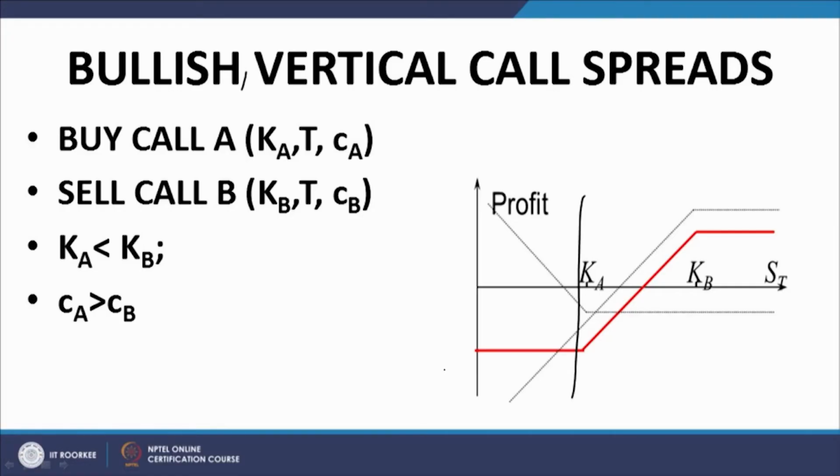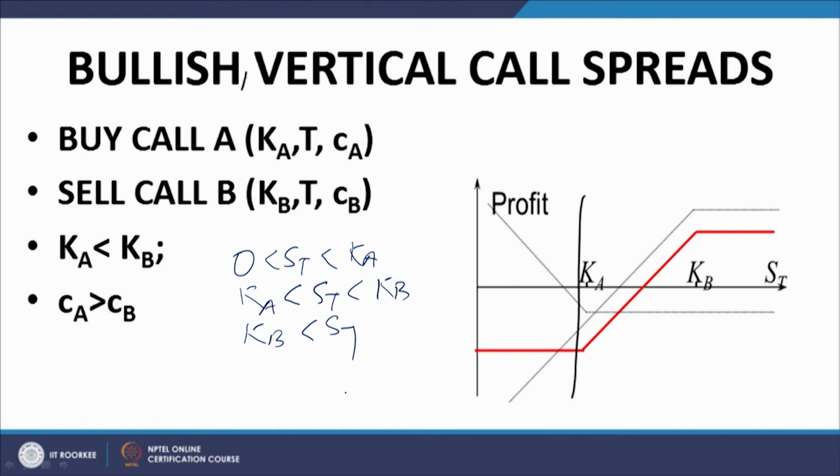So, this is the diagram. The right hand panel shows you the diagram, and you can again split up the stock price spectrum into 3 parts: 0 less than S t less than K A, K A less than S t less than K B, and then K B less than S t.